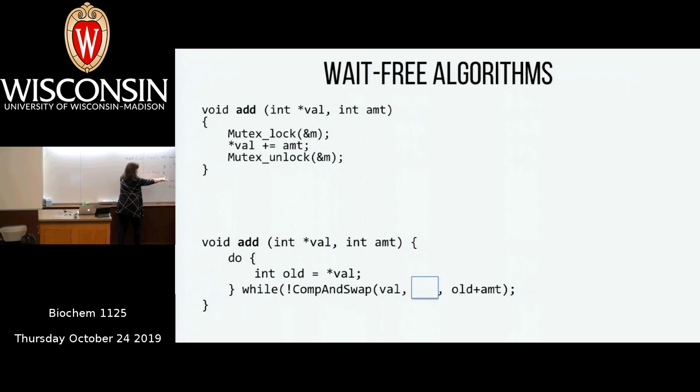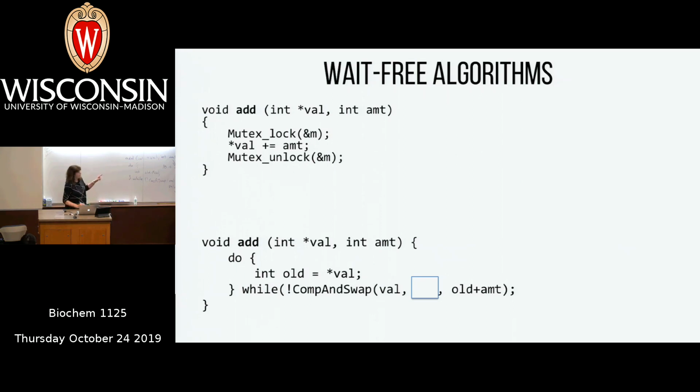Then this instruction won't store old plus amount in val. And so then this condition will be true. We'll loop through again. We'll now remember that old is equal to 10. And now if no other thread races through and changes val again, then we will atomically update val to be equal to the desired 12.